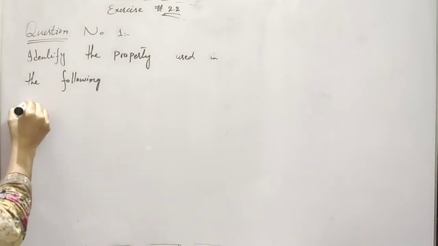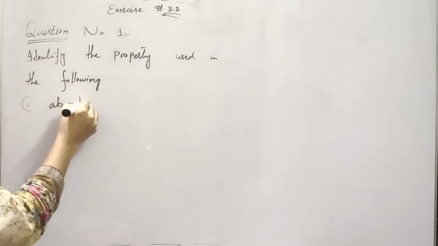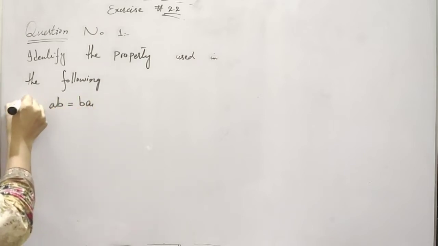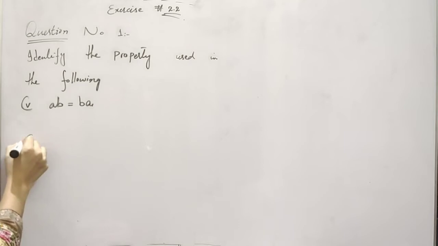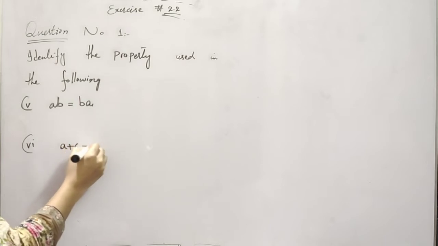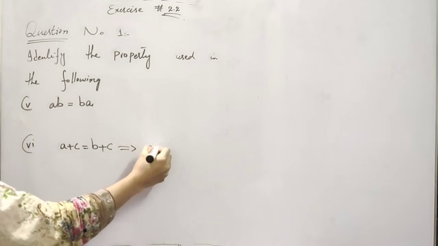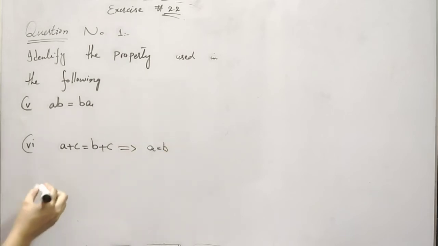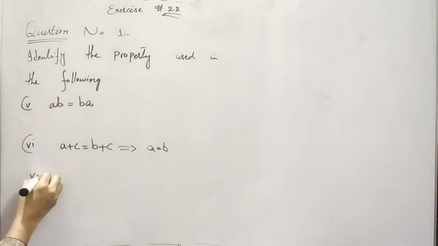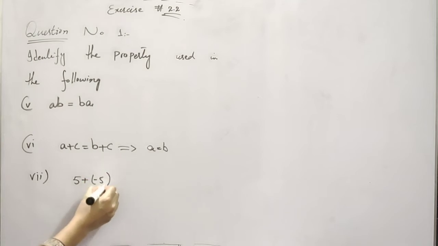Okay, now the fifth part is AB is equals to BA. The sixth property is A plus C is equals to B plus C. It implies that A is equals to B. The seventh part is 5 plus minus 5 is equals to 0.